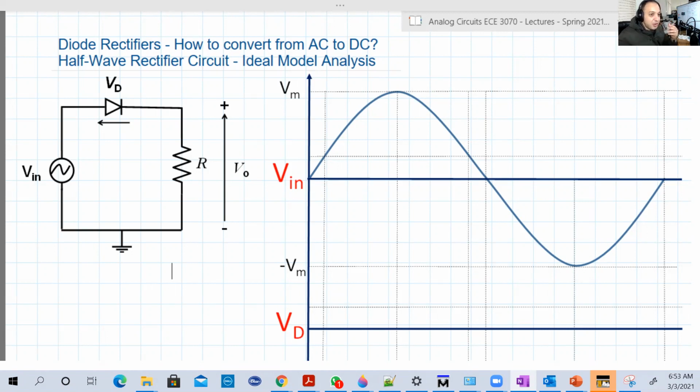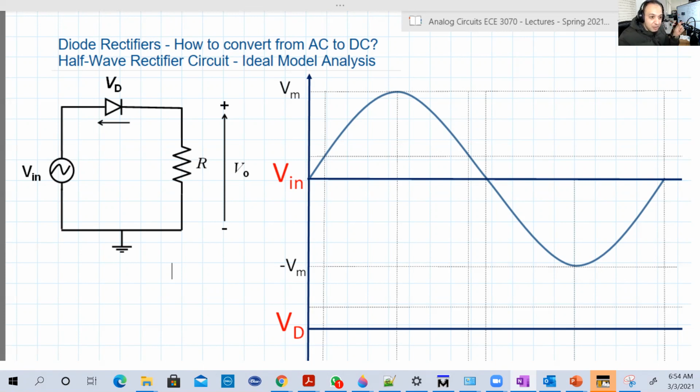Okay, why? Because usually the input that we are trying to convert to DC voltage has a very high magnitude, or very high maximum voltage or peak voltage. Like for example, our standard outlet. I have mine here. So the standard outlet is 110 volts RMS.